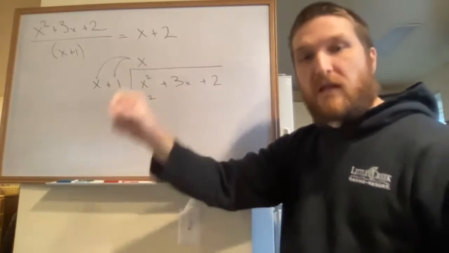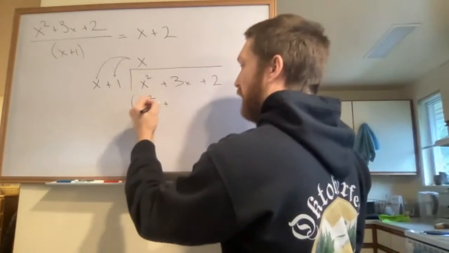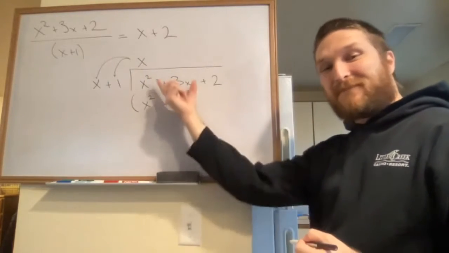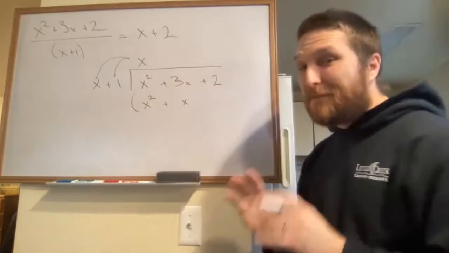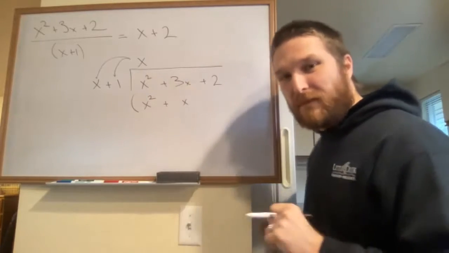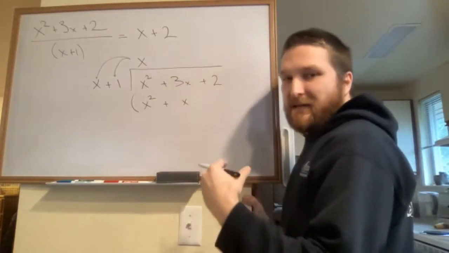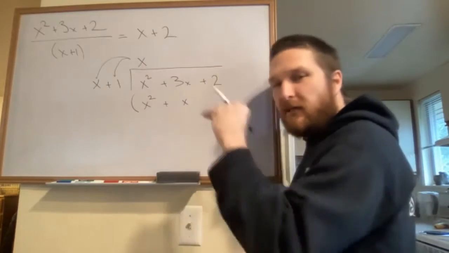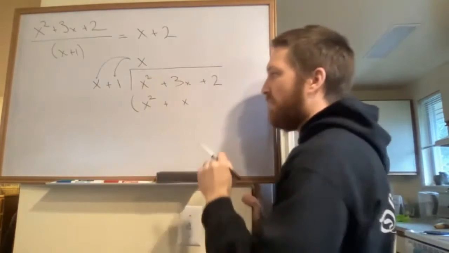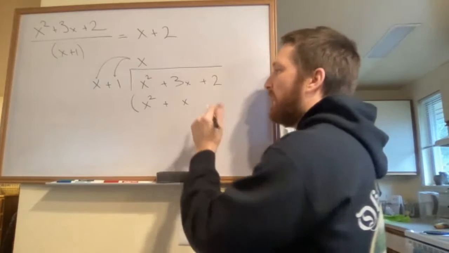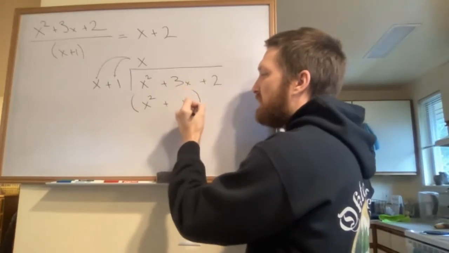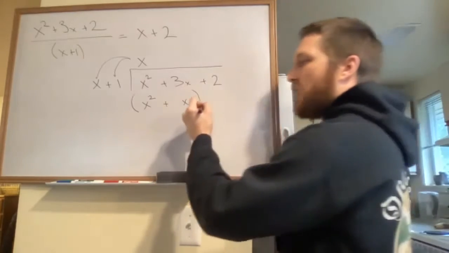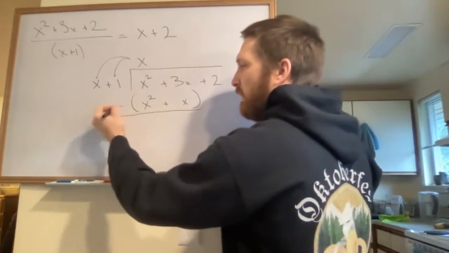So it's going to be a plus x. And look at how I'm writing it in this nice little column right here. Oh, there's a nifty column. You probably want to keep those together. So now I've taken that x and I've distributed it into the entire x plus 1 thing. So I'm going to close my parentheses now. Just like that. And now I'm going to subtract it off. So I'm going to put my line right here and write a minus.